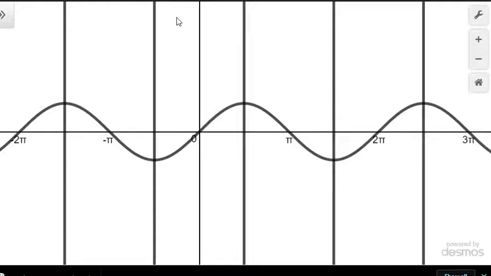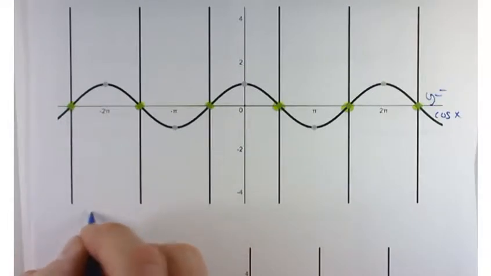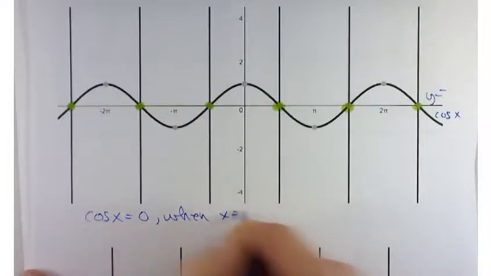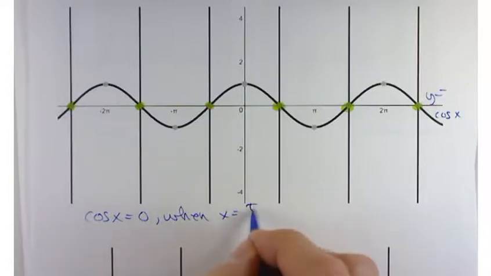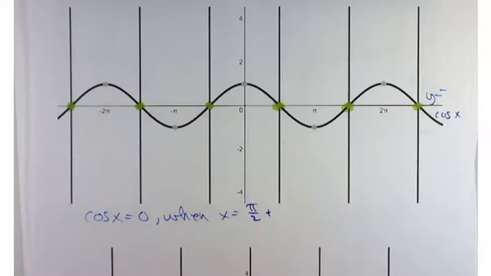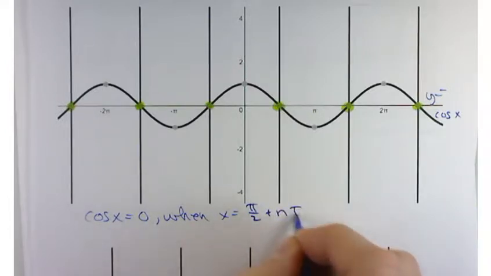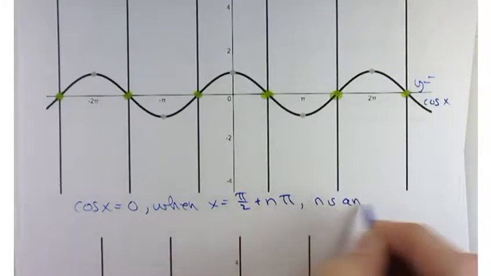Let me write that down for us. I got to switch over back to here. So cosine of x equals 0 when x is 90 degrees, but in radians that's pi over 2, or 180 degrees opposite of that at 270, which is 3 pi over 2, or back up to 90 degrees, etc. So in general, pi over 2 plus n pi. So what is n? n is an integer.